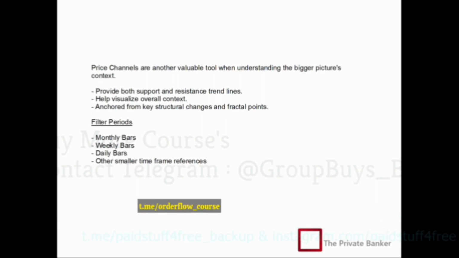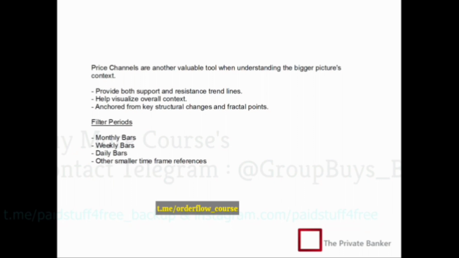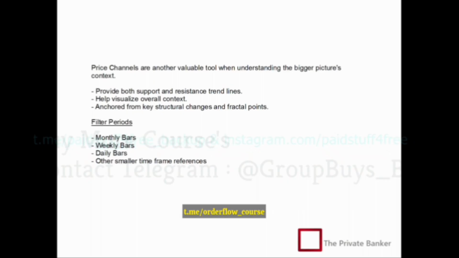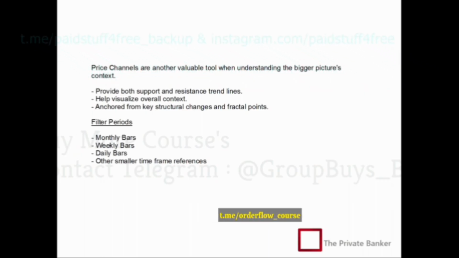And with the channels themselves, I do use a slightly smaller periodicity filter system. I'll start with the highest, you could say: I'll use the monthly bars, the weekly bars, the daily bars, and I'll also use some of the smaller time frame references, such as maybe a 240-minute chart.